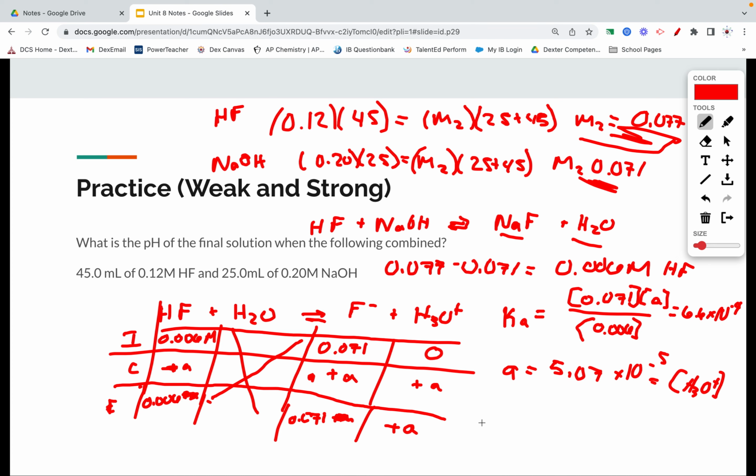So then to figure out the pH, it's just the negative log of the concentration of H3O. And so our pH is 4.29.